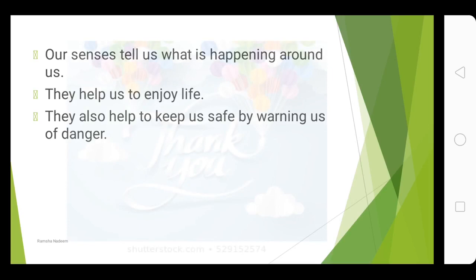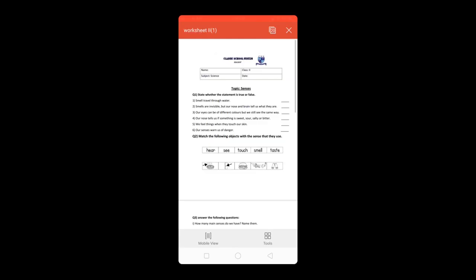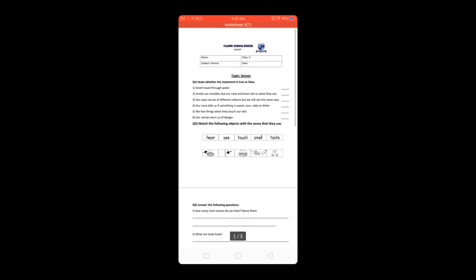Now it's time to revise the worksheets. State whether the statement is true or false. Number 1. Smell travels through water. Number 2. Smells are invisible, but our nose and brain tell us what they are. Number 3. Our eyes can be of different colors, but we still see the same way.